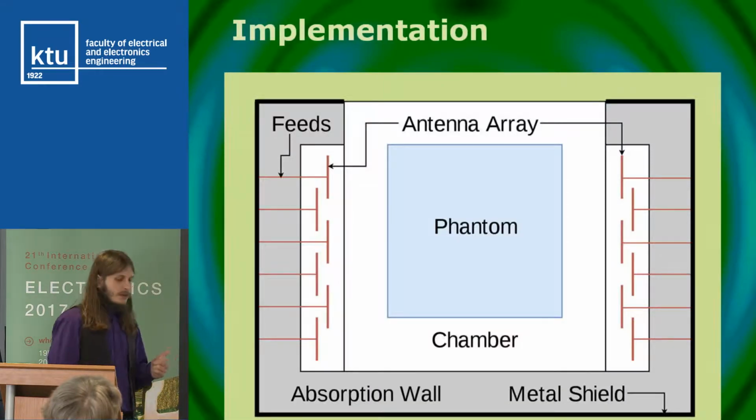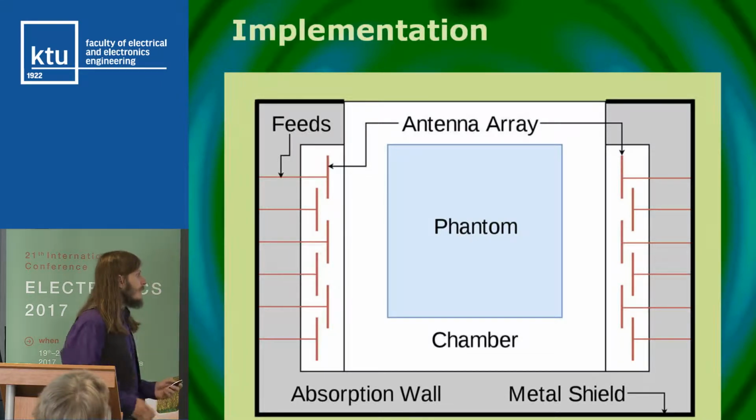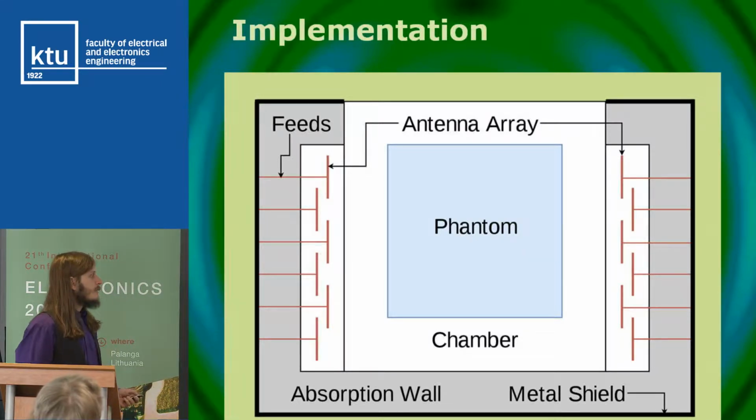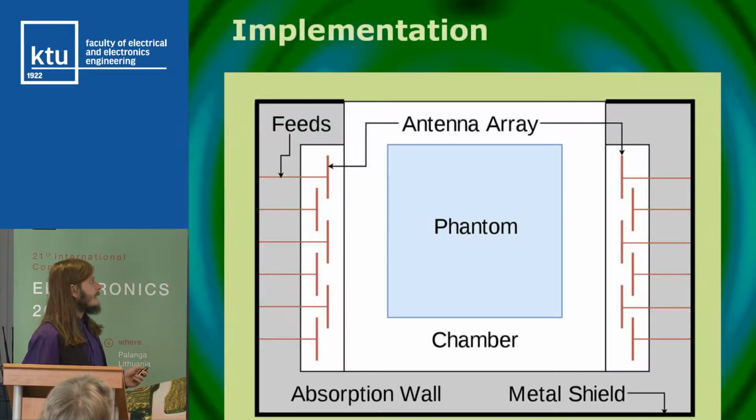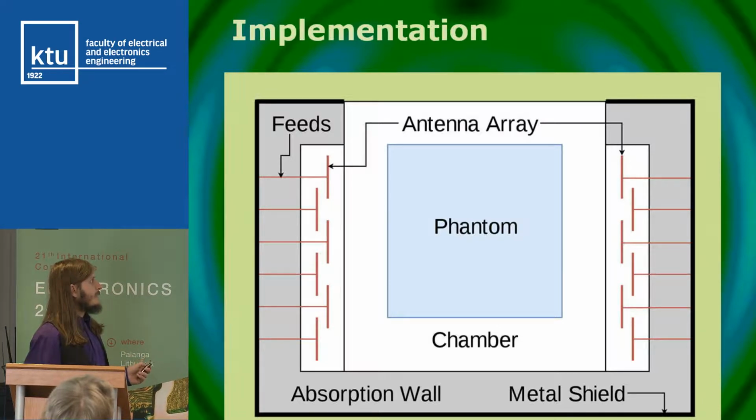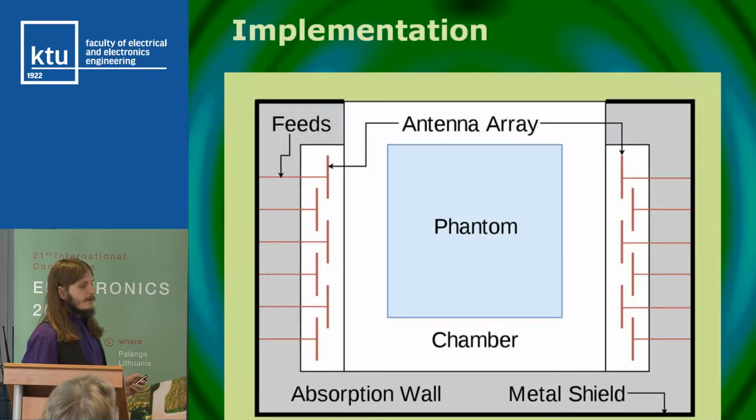And this is how it looks. It has a metal shield around the chamber and an absorption wall on the metal shield, and on the sides of the chamber there are antennas, and as you can see, they are interleaved one behind the other. There is a feed to the outside of the chamber, and inside the imaging region there are phantoms and the object of interest.